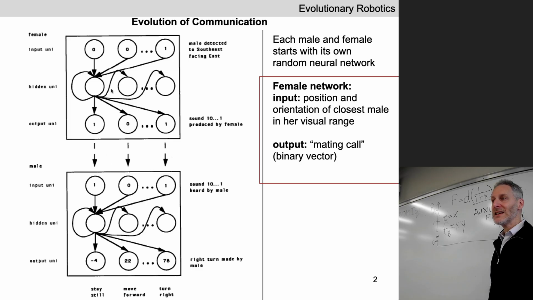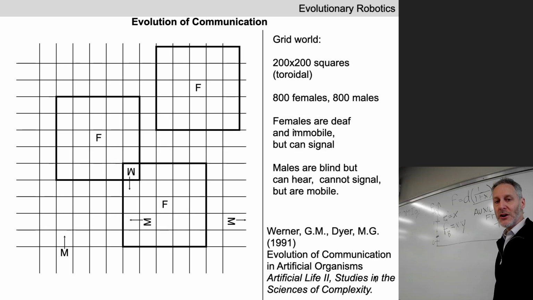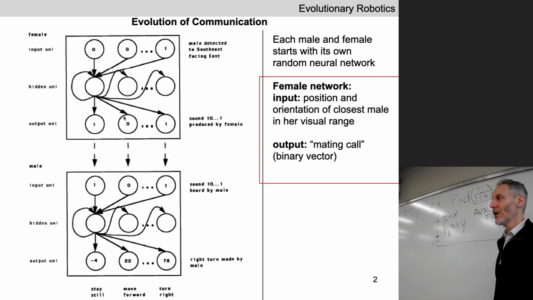You'll notice that each one of the 1,600 agents has recurrent connections and self connections in the hidden layer. And the females and males both have an output layer. So the females and males have non-overlapping sensor motor abilities, but they all have identical neural architecture.